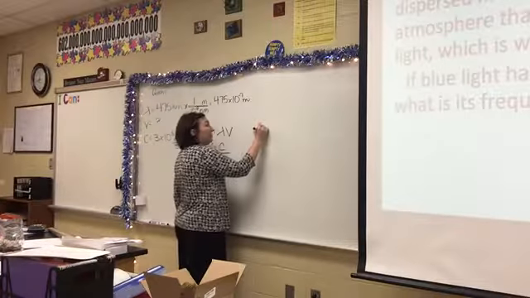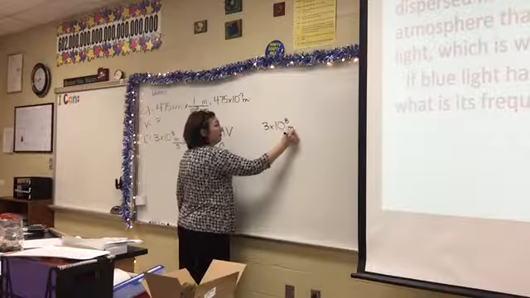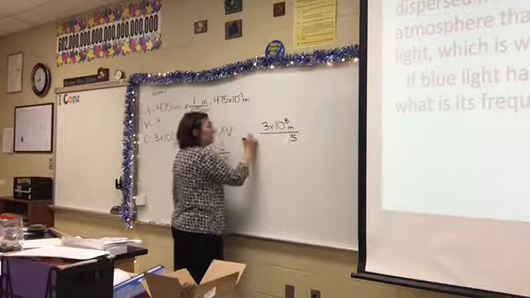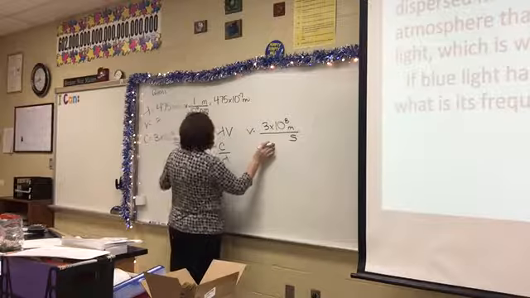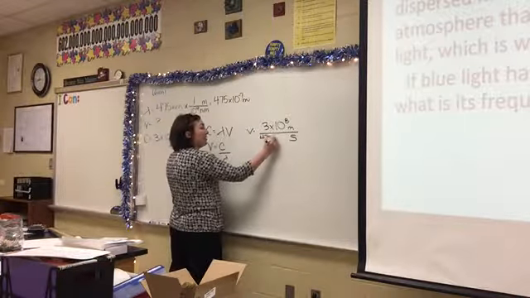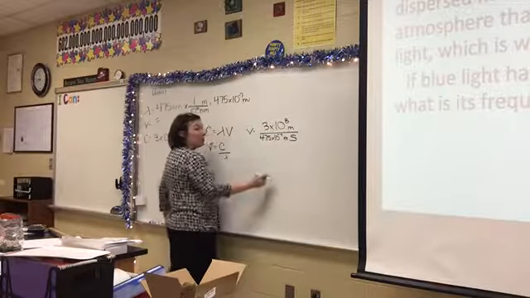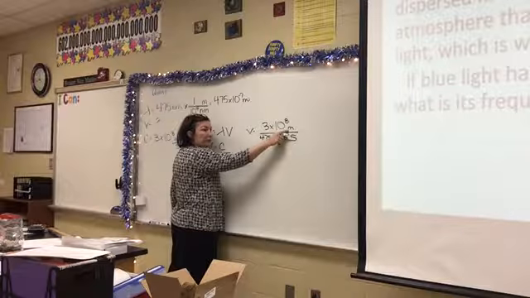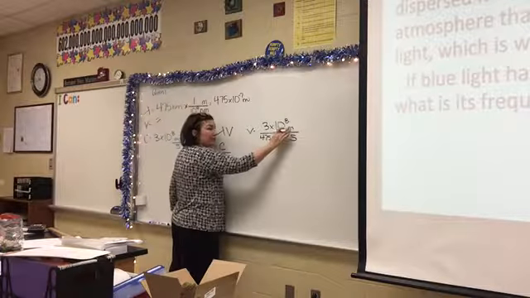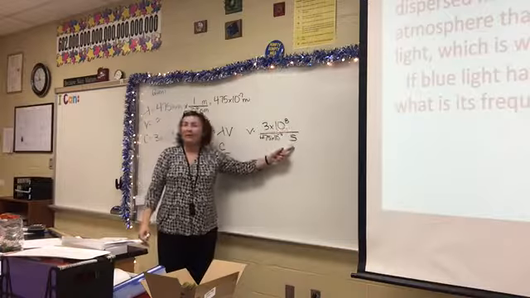So we say, okay, 3 times 10 to the 8th meters per second. On the bottom is wavelength, so it's 4.75 times 10 to the negative 7th meters. See how there's a meter at the bottom and a meter at the top? They cancel each other out, don't they? And look what we got: per second.